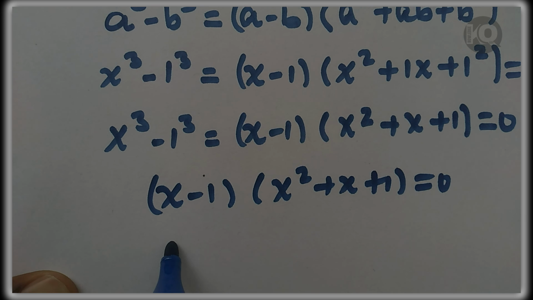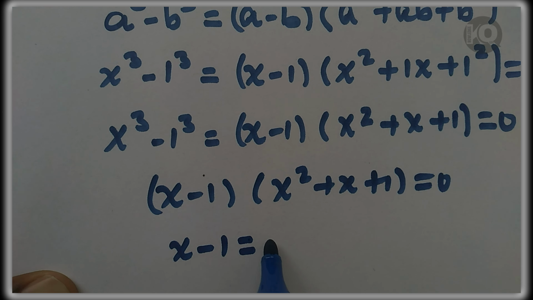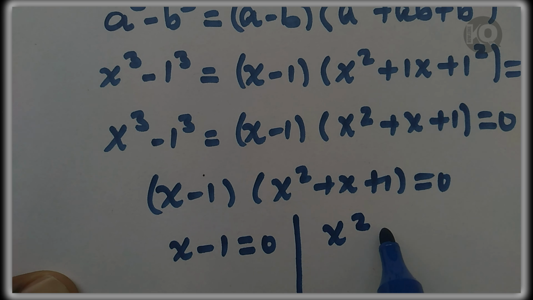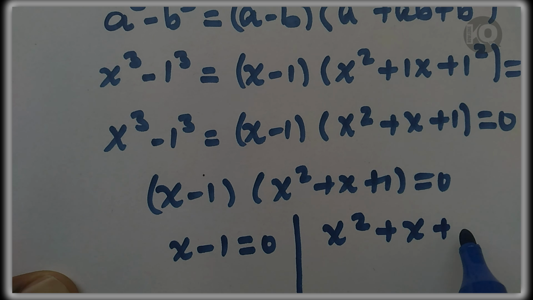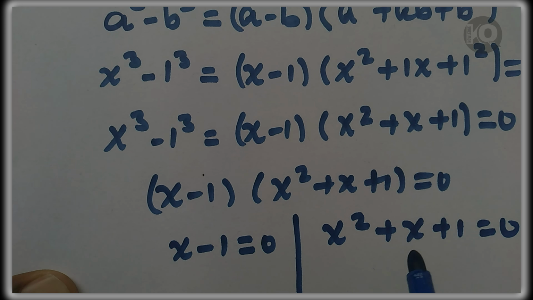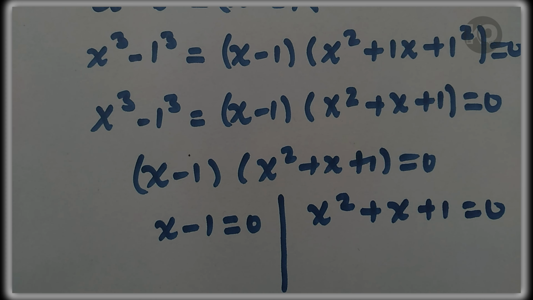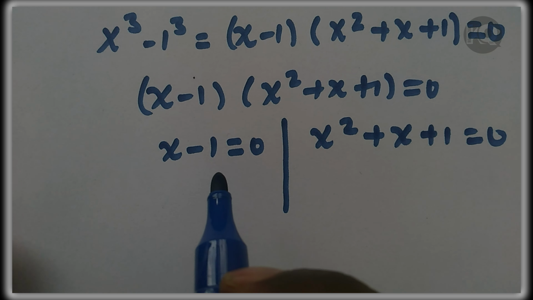So we have x minus 1 equal to 0, and we have x squared plus x plus 1 equal to 0. So we have two cases.